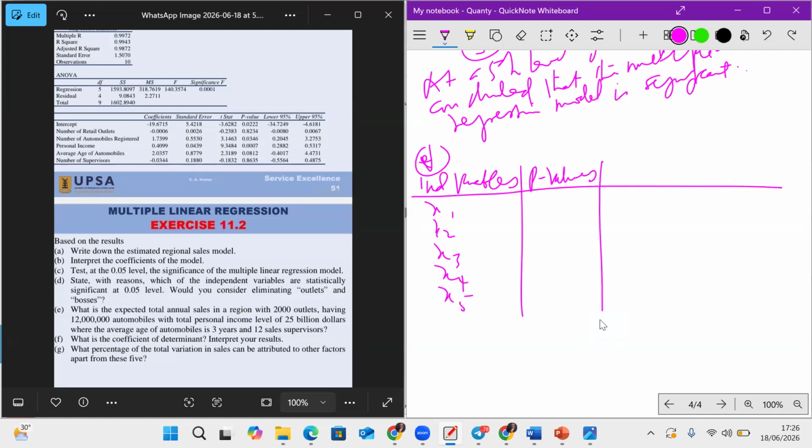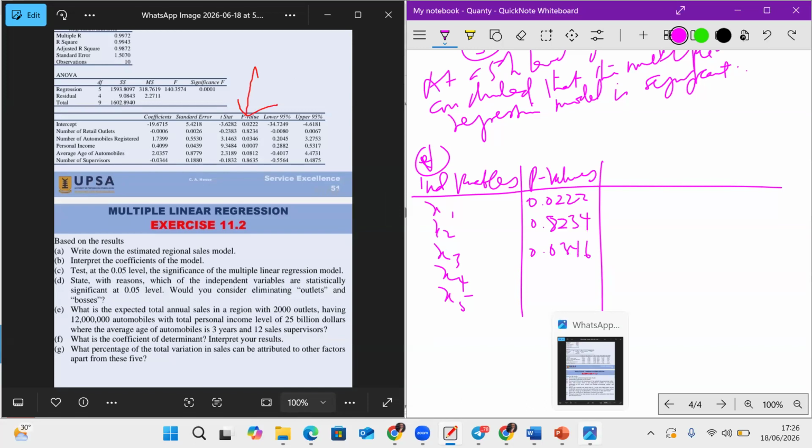What is the p-value for x1? 0.0222. I'm taking the figures from here. Then x2, what is it? 0.8234. x3, 0.0346. x4, 0.0007.